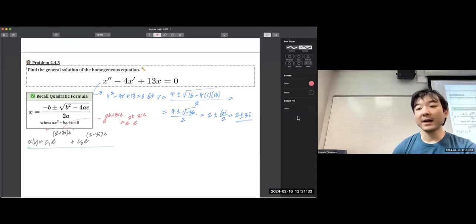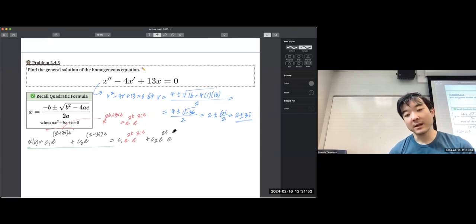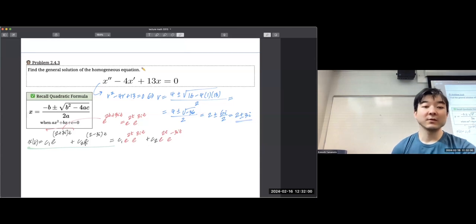Using that, this is the same as C1 times this, plus C2 times a similar expression. The only change is you'll have e to the 2t times e to the negative 3it. It's the same idea, just a negative there. So you can rewrite these like this.